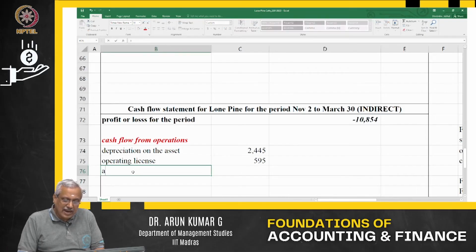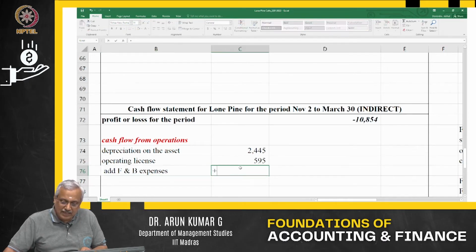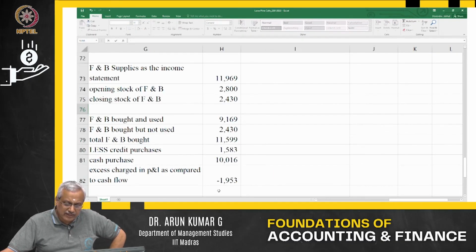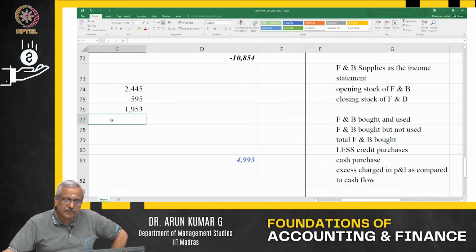That is, add back F&B expenses for which overcharge. How much is it? It's basically the same amount, 1953.